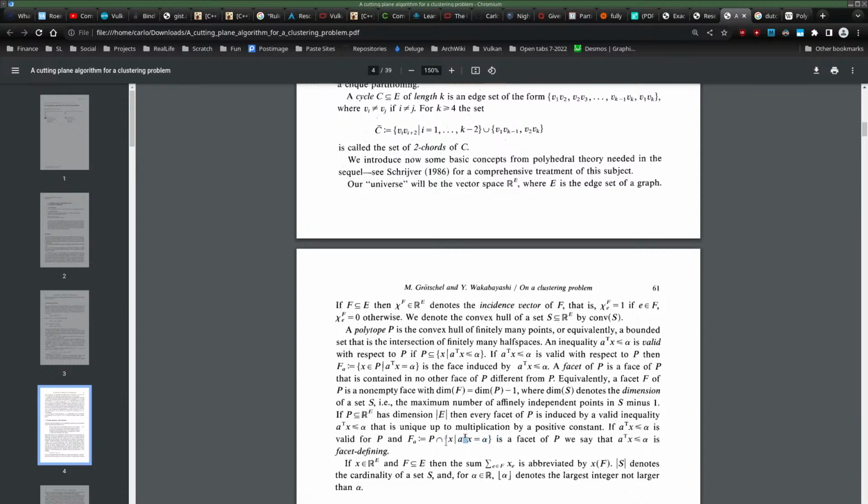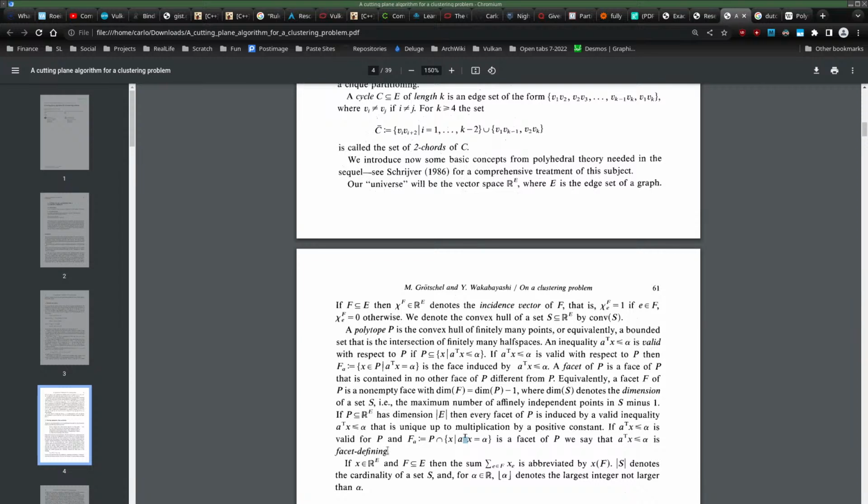And then you make an intersection with the cheese, then you get the surface of the cheese. Yes, that's exactly the same thing. So this is valid for P, and this one side of the cheese is a facet of P. We say that the cut is facet defining.